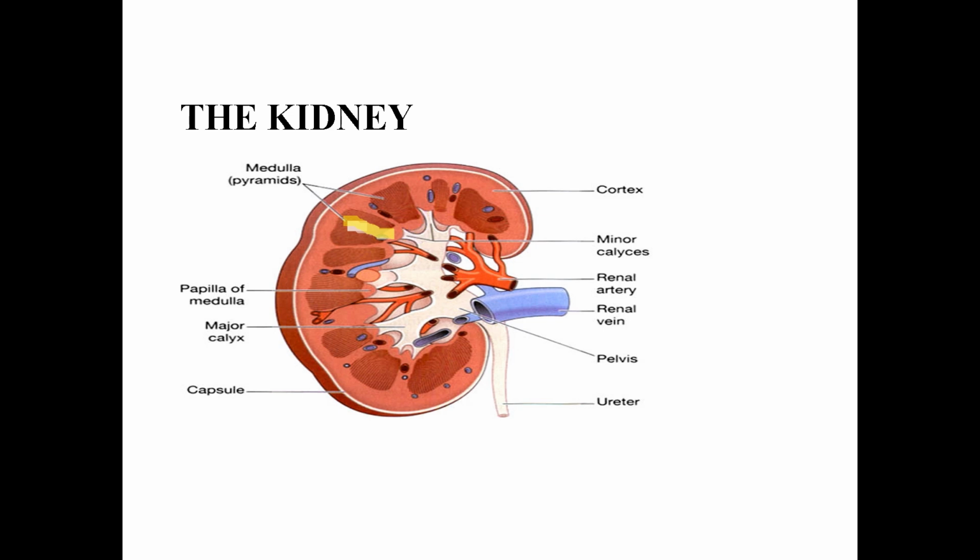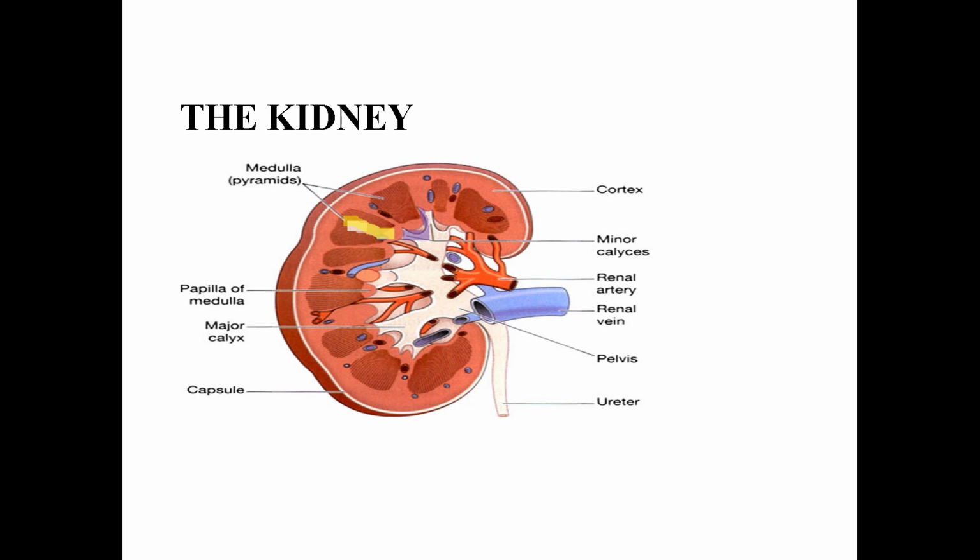The minor calyces are these structures, collecting urine from the medulla.